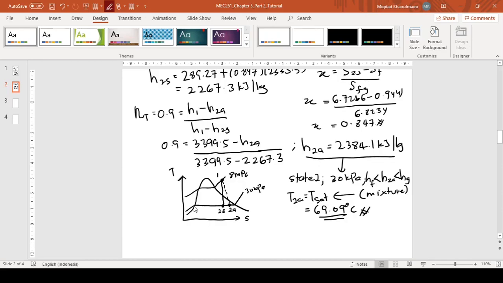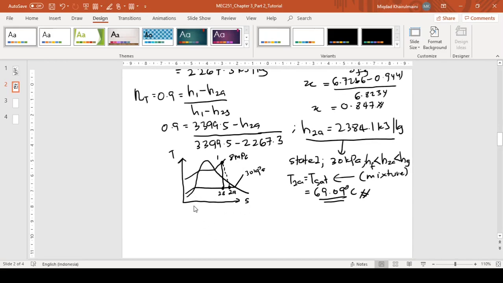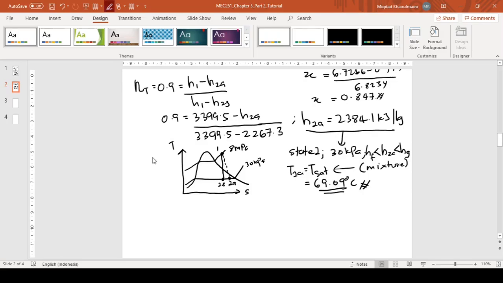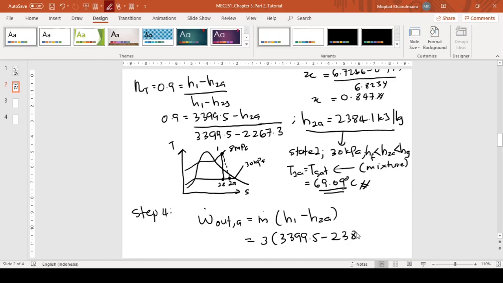Next is to calculate the actual work output, step number 4. Substitute and solve: it's m dot (h1 minus h2a), so 3399.5 minus 2384.1.